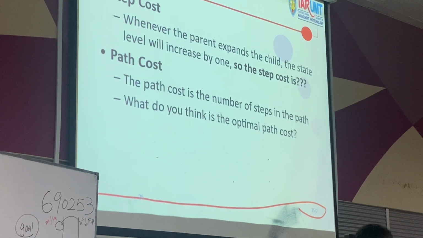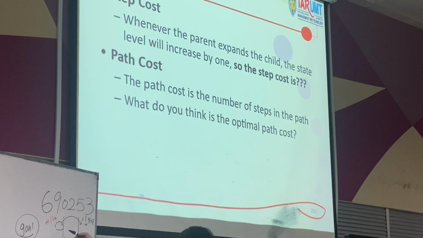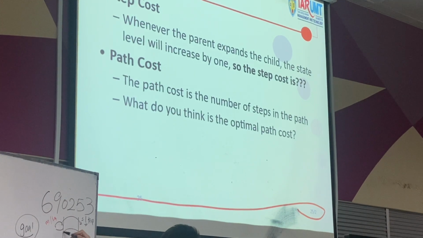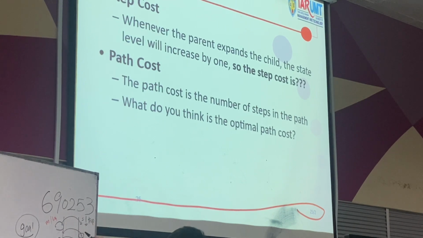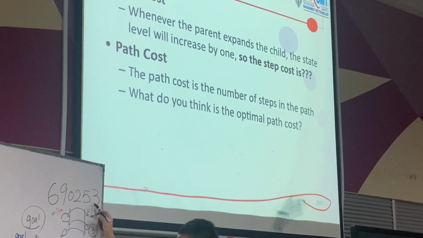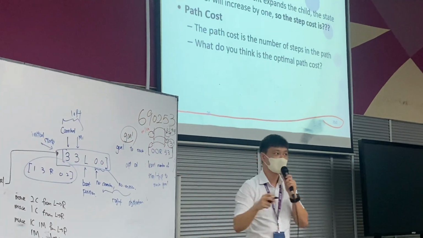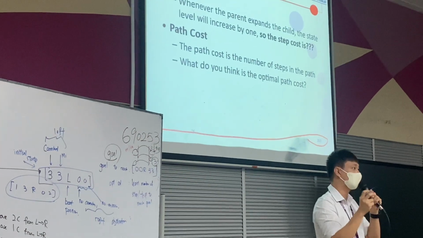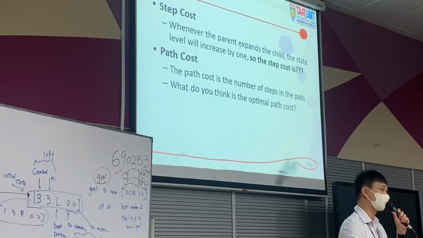Let's say you travel here, then here again, then here again. So what is the path cost in this case? 1 plus 1 plus 1. The path cost is equal to 3. But the step cost is equal to 1. Why? Because you are changing from one state to another state. That is the step cost, that's why it's called step cost.